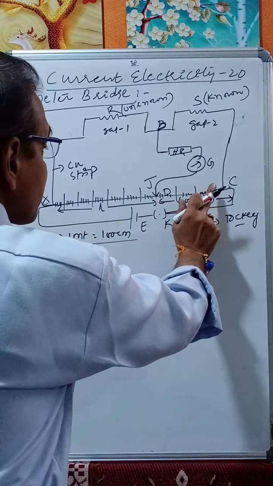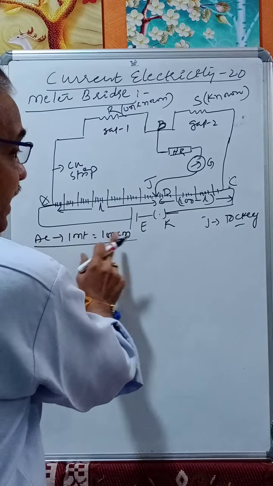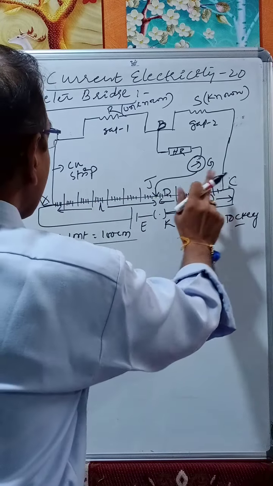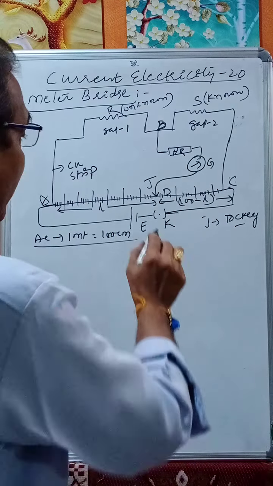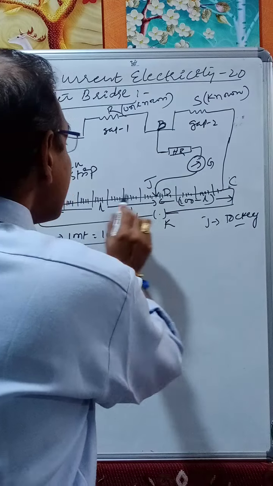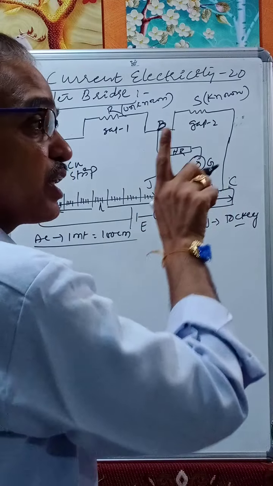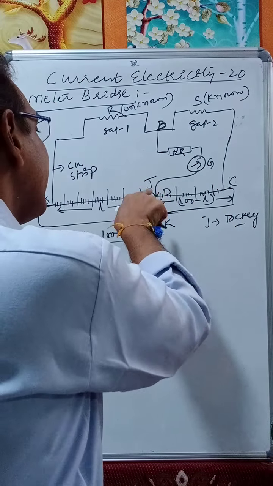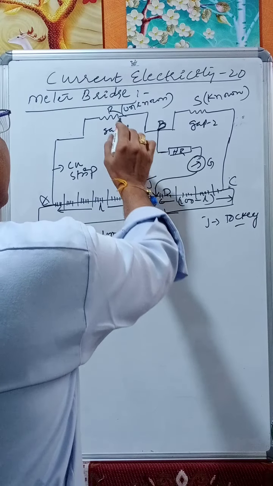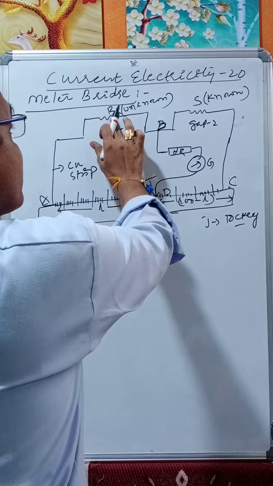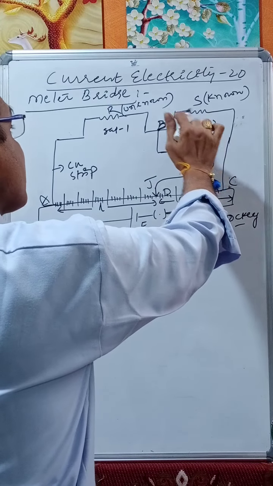The wire is placed on a meter scale because we measure the length; the wire length is 1 meter, 100 centimeters. Here gap 1 has the unknown resistance, gap 2 the known resistance.